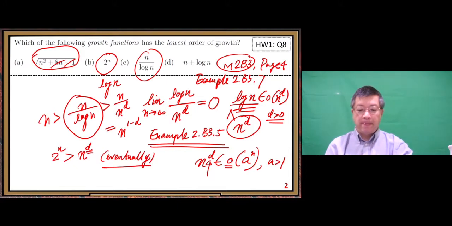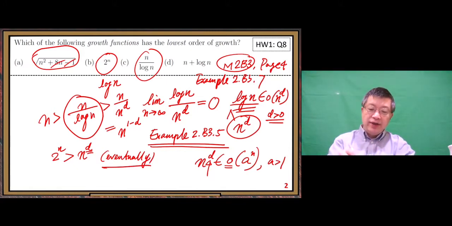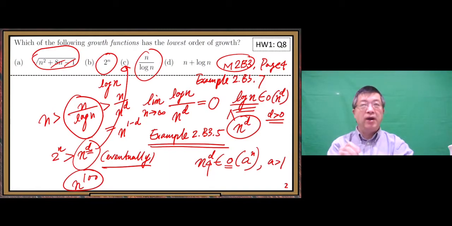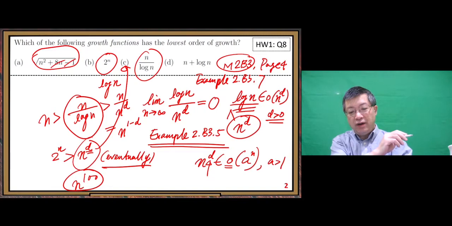So if you replace that, even if you take 100, it is okay. 2 to the n can beat n to the 100. It can beat all of them. Using this way, you do the comparisons.